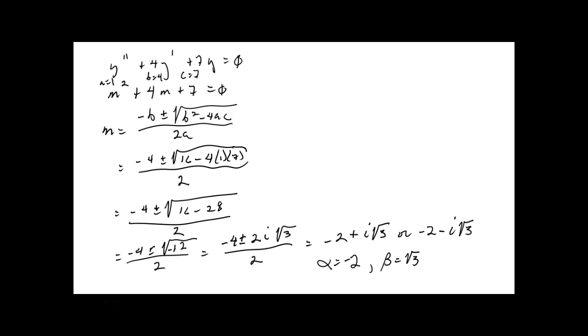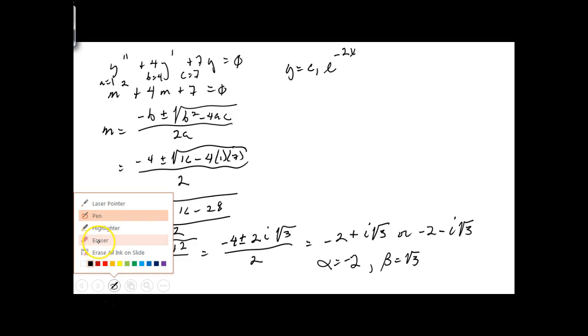Okay. Now, without having to go back and re-derive all that, we just want to go to the bottom line, which is given as equation 8 at the top of page 137. Here is your y. y is equal to c1 e to the alpha x. That's e to the minus 2x. That's where you plug in the alpha. Actually, let me go to the second part of the bottom line there.